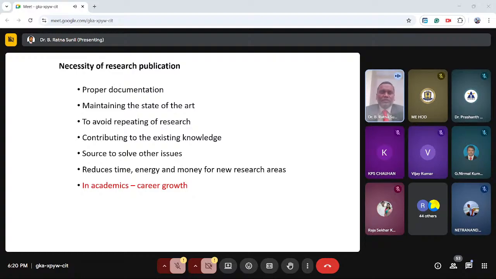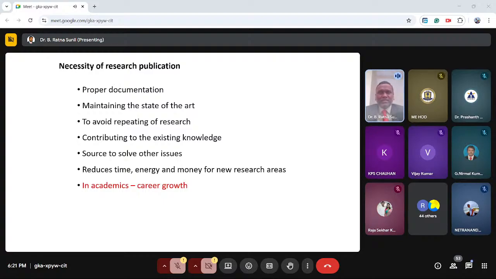For example, if some group is working on a specific technology and another group far away is working on the same technology, it is a duplication of work. Or if somebody has already proven some principle or developed some technology, and others work on the same technology to produce a product, it is a waste of money and time. Therefore, you can avoid repeating the research work.